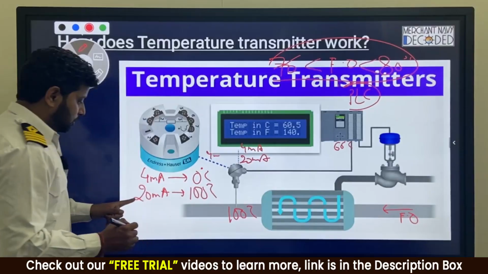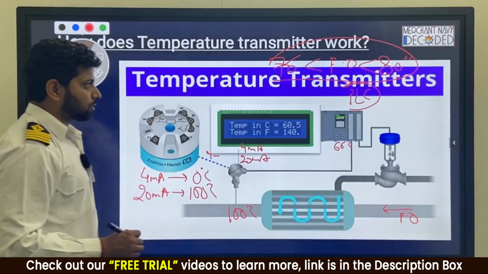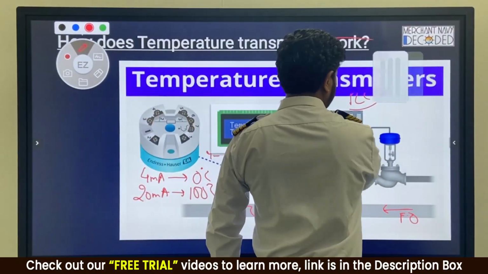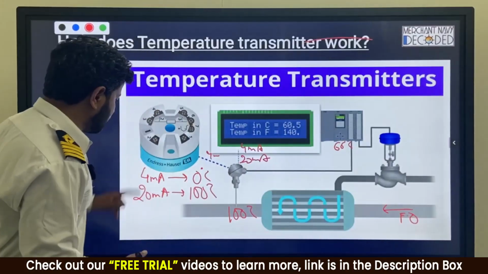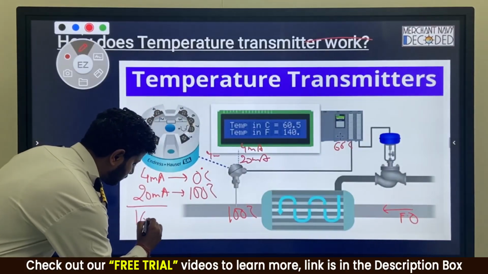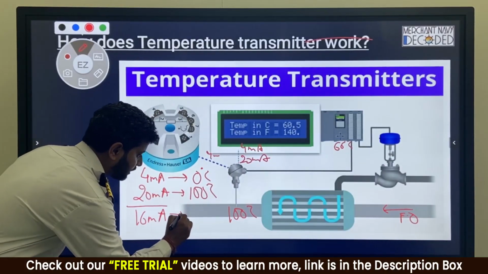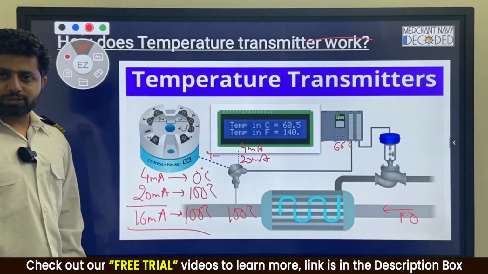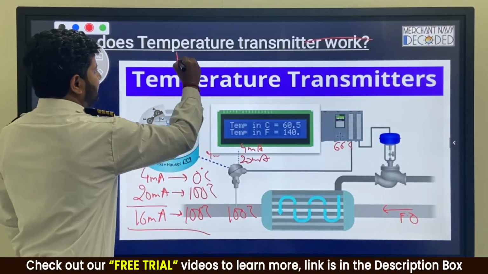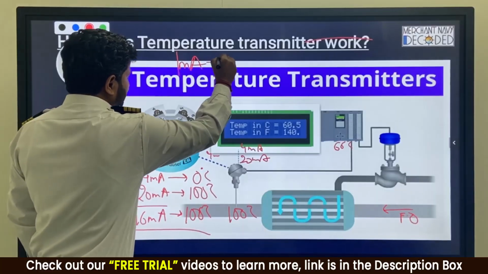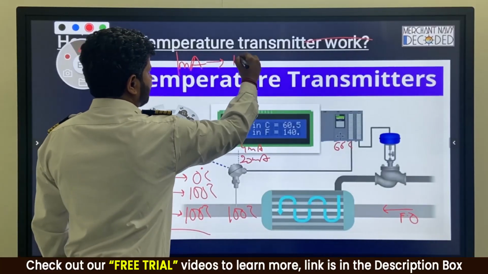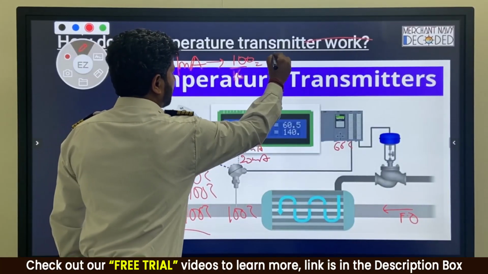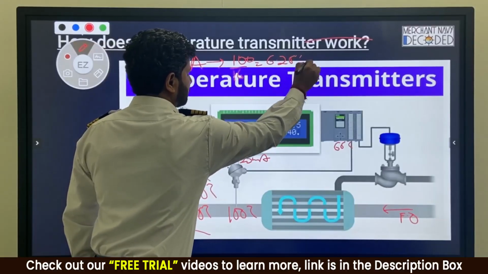That means 20 minus 4 is 16 milliamps. For a 16 milliamp change, there is a change of 100 degree centigrade in temperature, right? That means for every 1 milliamp, the temperature changes by 100 divided by 16, that is 6.25 degree centigrade.